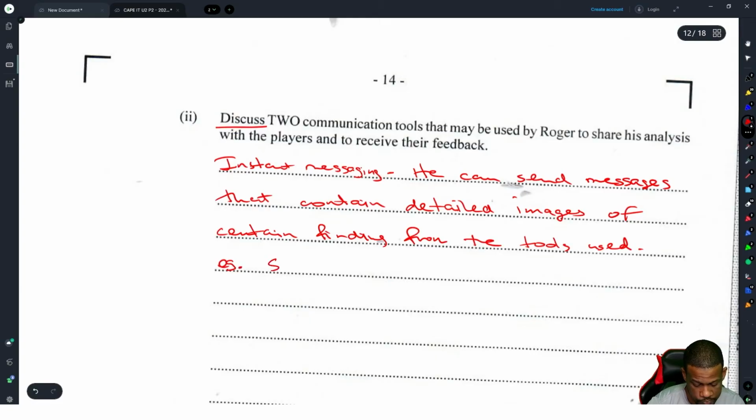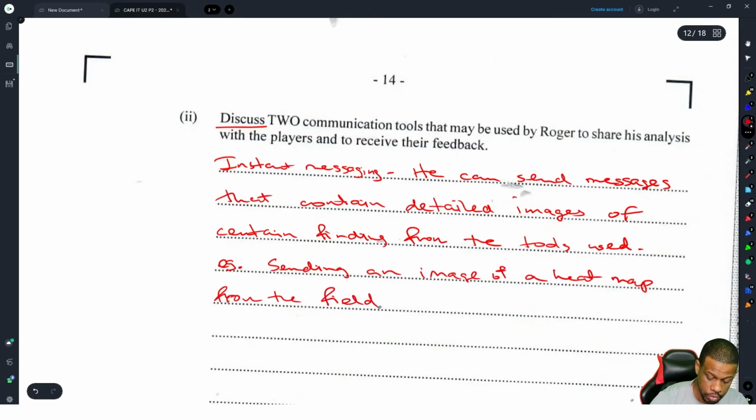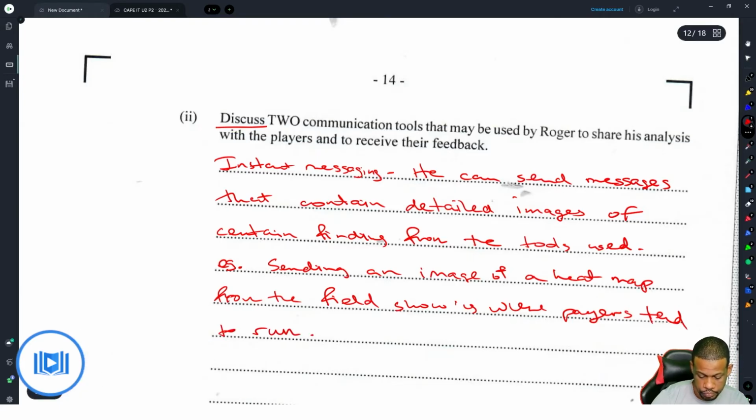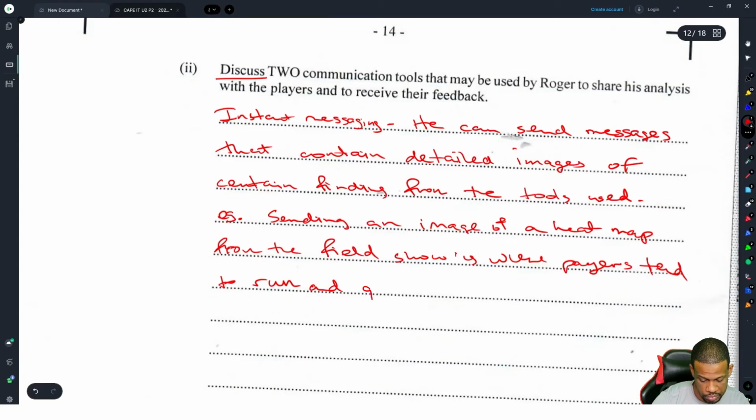Example, sending an image of a heat map from the field showing where players tend to run and getting text feedback from the player.